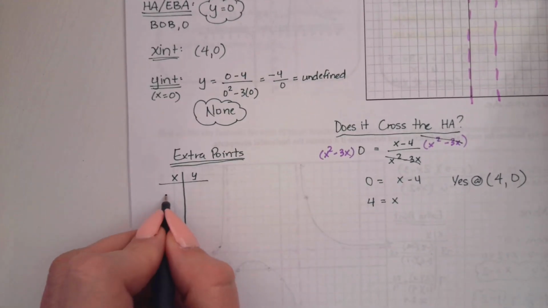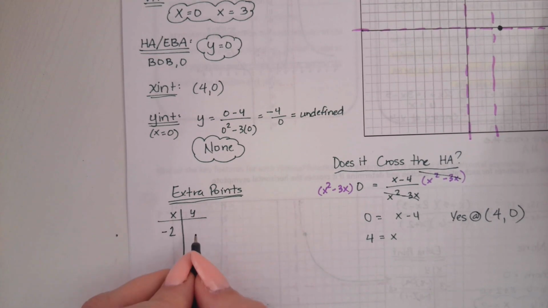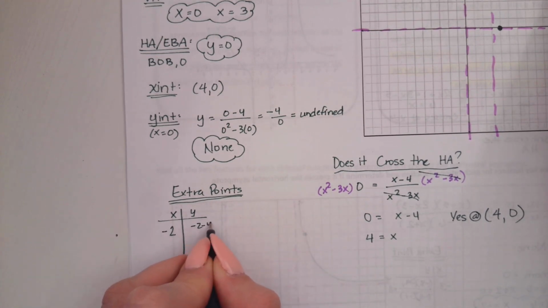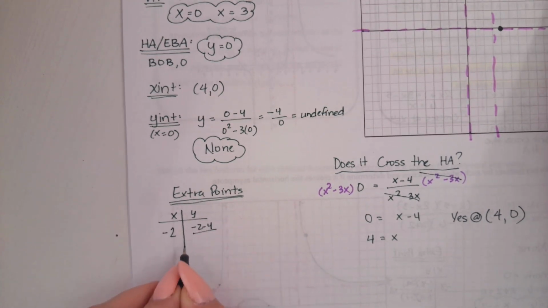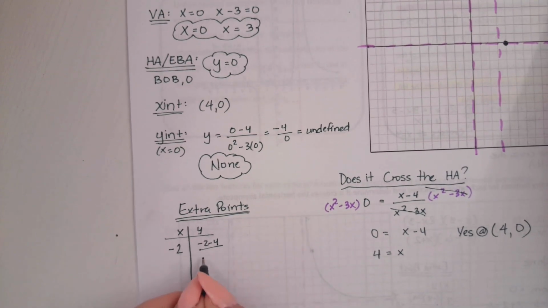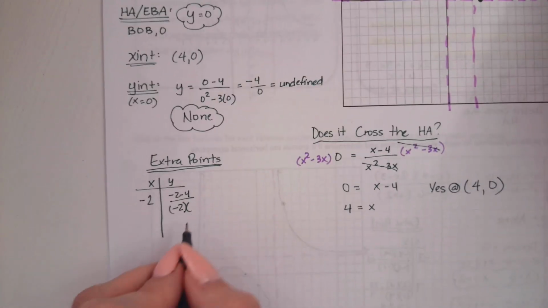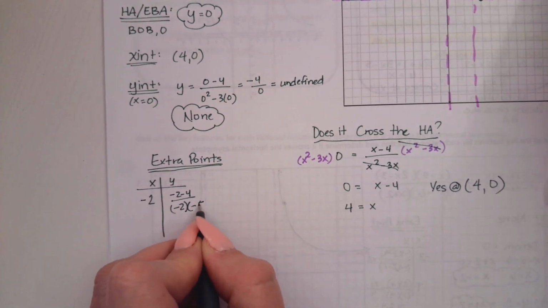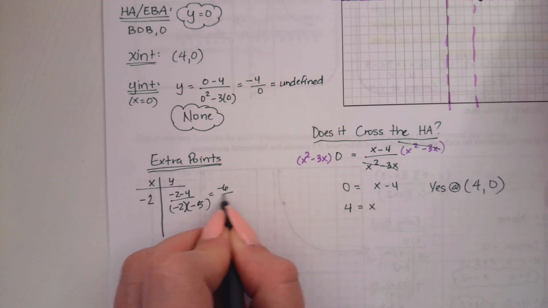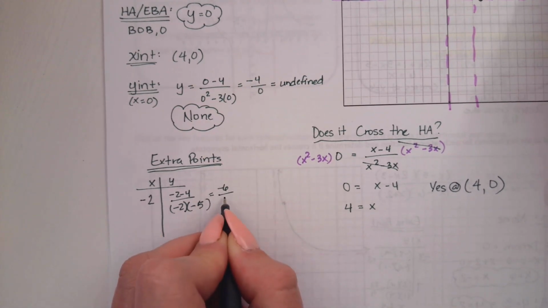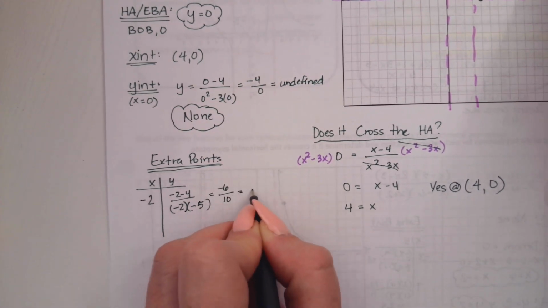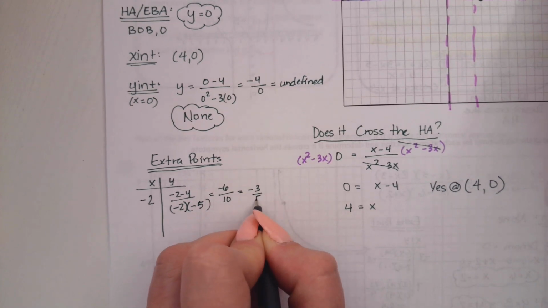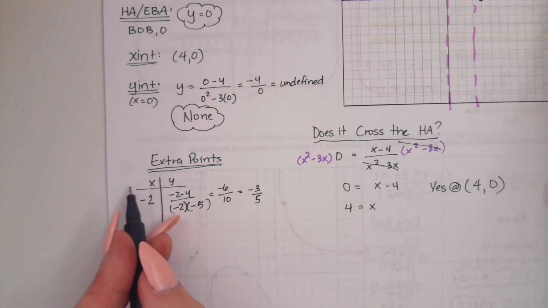I'm going to do negative 2. On the top I'm going to have negative 2 minus 4. On the bottom I'm going to have negative 2 times negative 2 minus 3, which is negative 5. So that's negative 6 over 10, so negative 3/5. So a point at negative 2, negative 3/5.